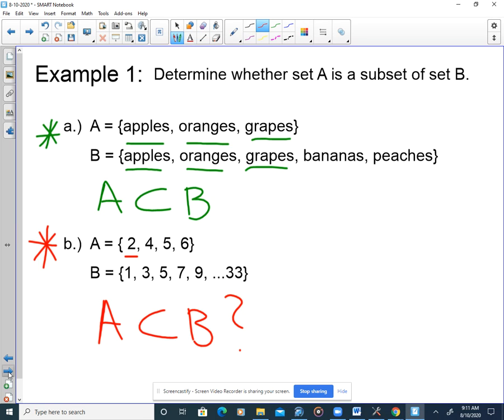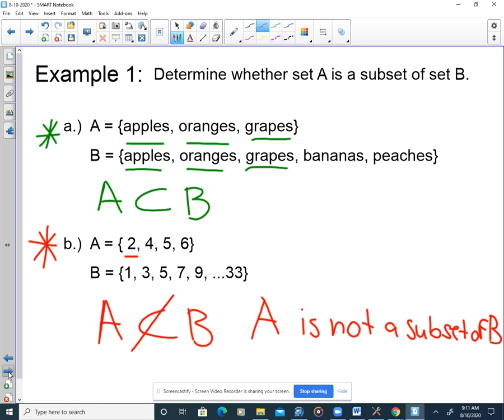All it takes is one element to make it not true. So we could rewrite this as the following. We'll use the subset symbol, but we'll put a slash through it. So this says A is not a subset of B. That's what that symbol means.